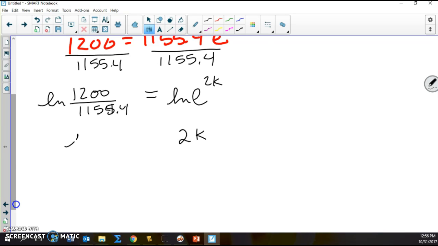We have the natural log of 1200 over 1155.4. We're going to multiply both sides by 1/2 to get rid of that 2. So k, for our value k, is 0.0189.